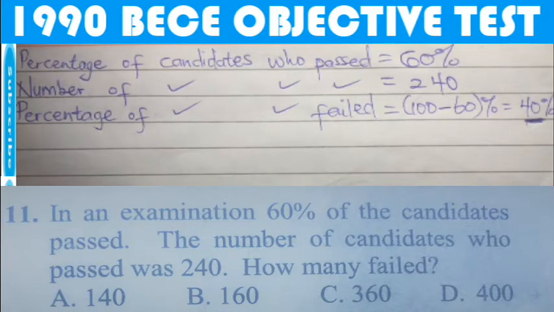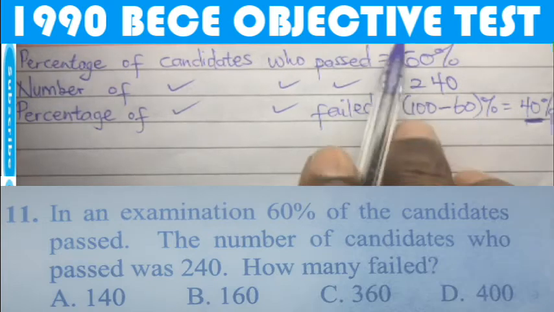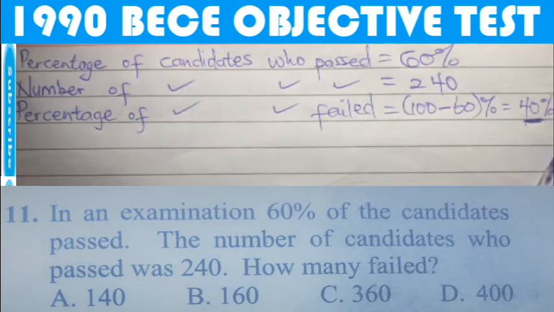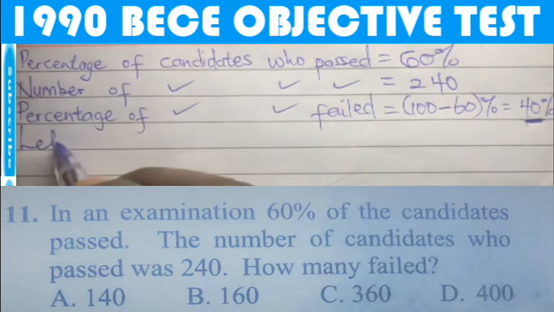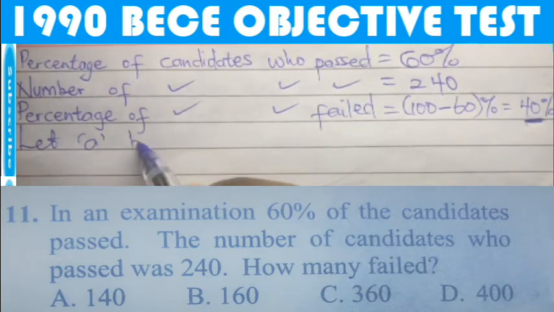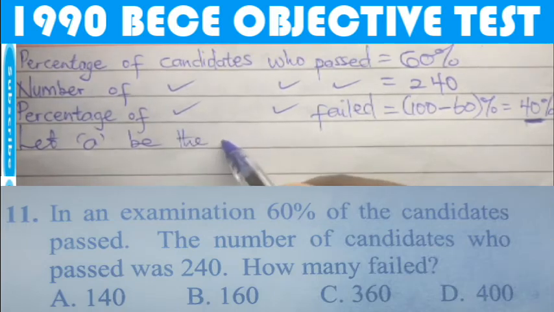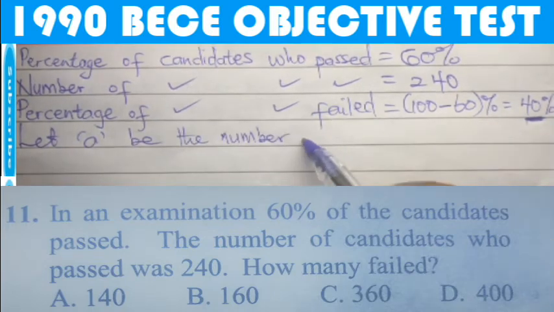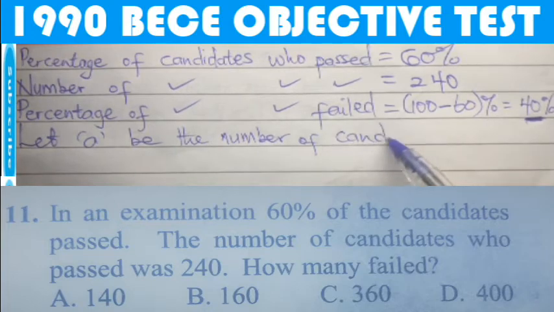So to find it, there is the need for us to equate these values that we have. We don't know the number of candidates who failed. So we are going to represent that using any variable such as A. So let A be the number of candidates who failed.